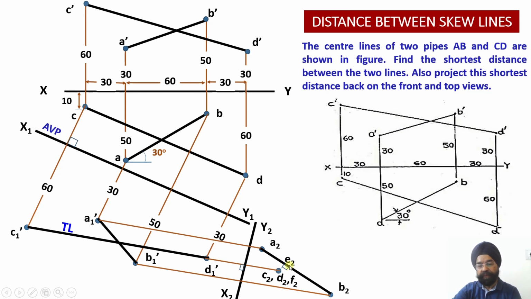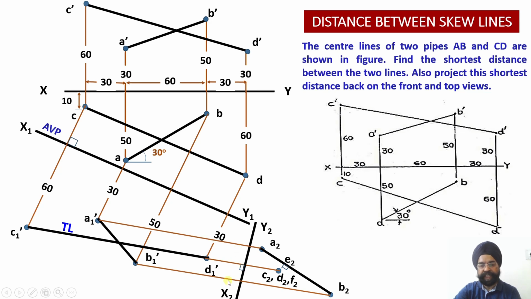So since we have been able to obtain this point E2, which is the point of intersection of the shortest distance with the line A to B2, now I want to take this back. So how I will take this back? I have one projector, I have second projector, I have third projector, which have already been drawn in the forward direction. And what is the criteria or characteristic of these three projectors? These projectors, first of all, they are parallel to each other.